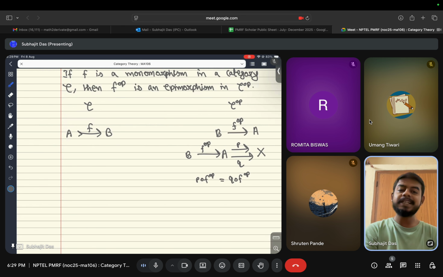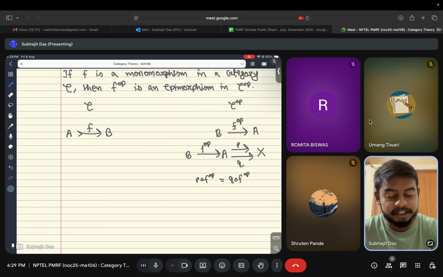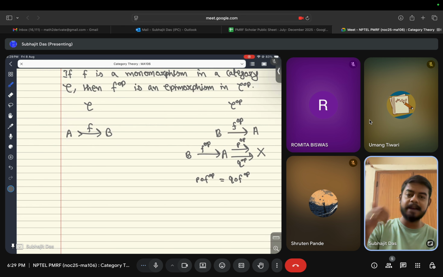So the question is, how do you show P composed F op is Q composed F op? And by the way, since we follow this convention, I'll write arrows in C op by arrows in C with a superscript op. So if P op is an arrow in C op, what I mean essentially is P is an arrow in C in the opposite direction. Q op is an arrow in C op means that Q is an arrow in C in the opposite direction.